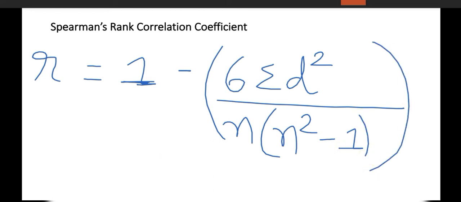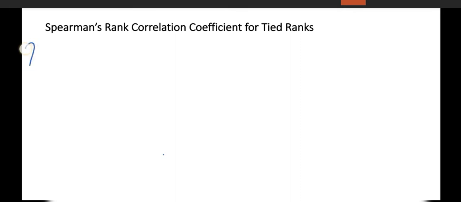And the last formula that you need to remember is Spearman's rank correlation coefficient for tied ranks.